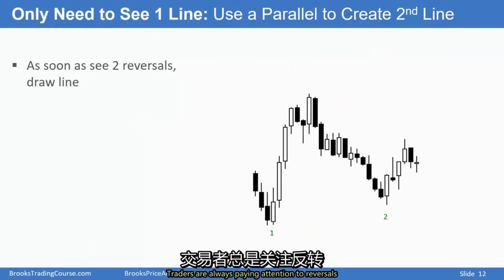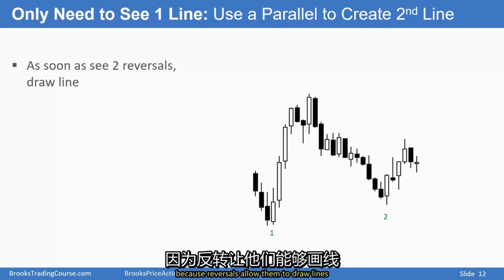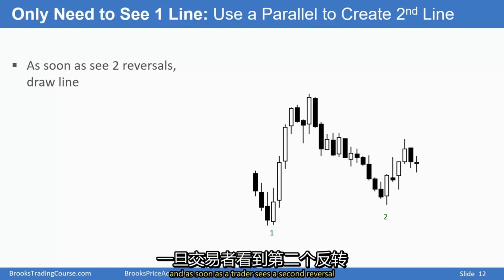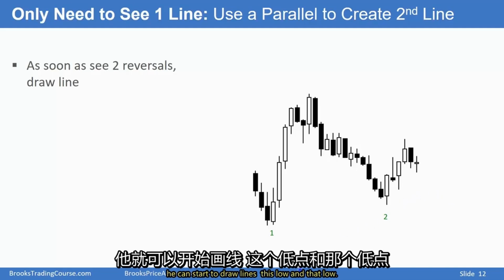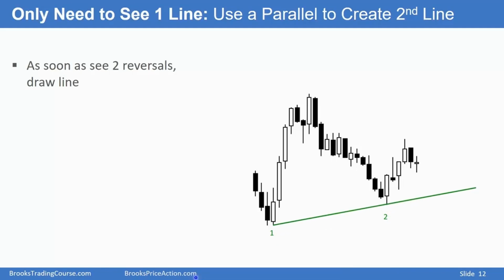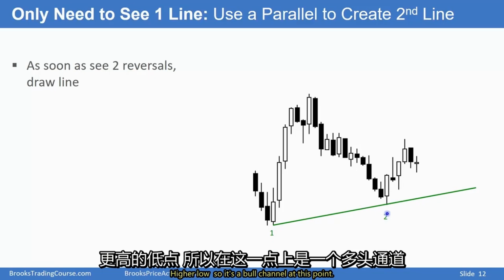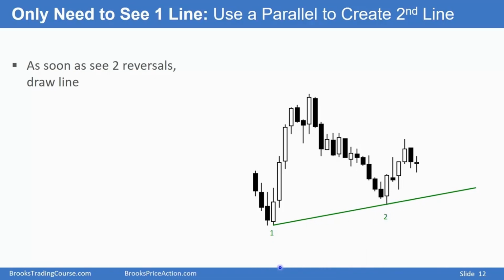Traders are always paying attention to reversals because reversals allow them to draw lines. And as soon as a trader sees a second reversal, he can start to draw lines, this low and that low. Higher low, so it's a bull channel at this point.